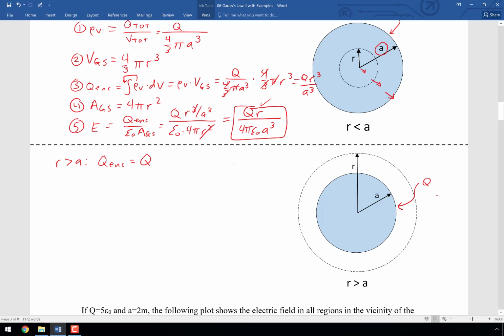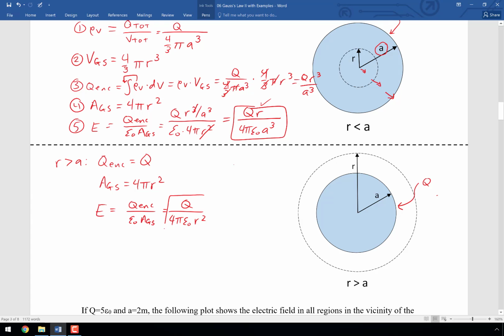Some of these parts of these problems are going to be easy, and some of them are going to be hard. What is the area of the Gaussian surface? Still 4 pi r squared, and therefore the electric field is q enclosed divided by epsilon 0 times the area of the Gaussian surface, which is q divided by 4 pi epsilon 0 r squared.